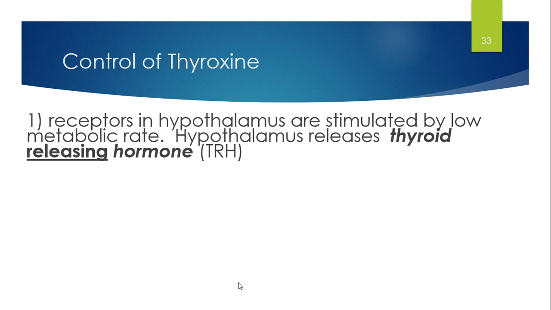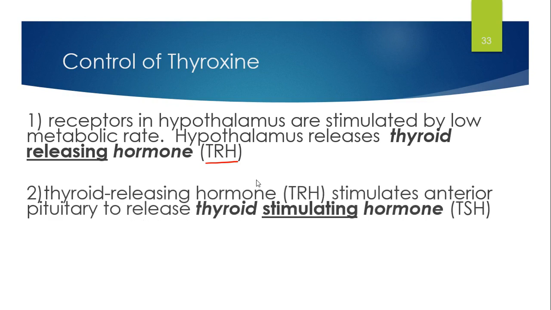It releases a hormone. So the hypothalamus actually releases a hormone called TRH, or thyroid releasing hormone. Now, this hormone is tropic. Remember the word tropic. Tropic means that the hormone targets another gland specifically. Okay, so TRH targets the pituitary gland.